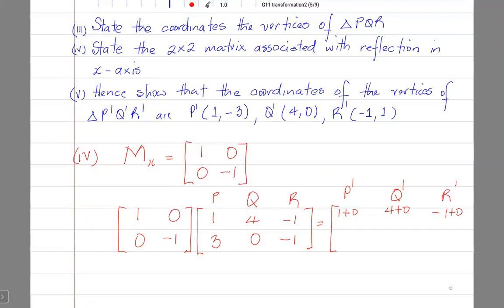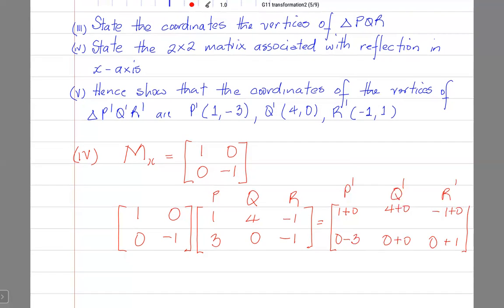Next, I'm going to multiply the bottom row by all of the columns. Bottom row, left column, 0 times 1 is 0, -1 times 3 is -3. Bottom row by the middle column, 0 times 4 is 0, and -1 times 0 is 0. Bottom row, right column, 0 times -1 is 0, and -1 times -1 is +1. A negative times a negative is a positive.